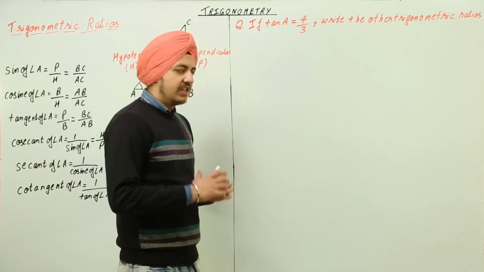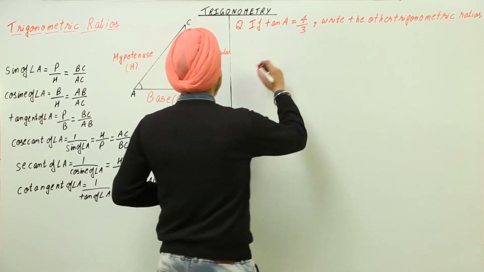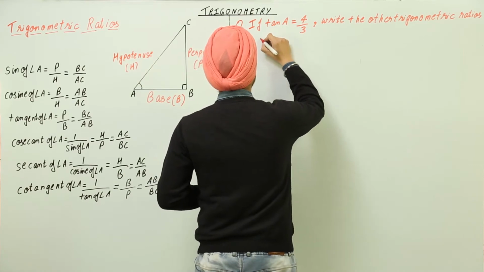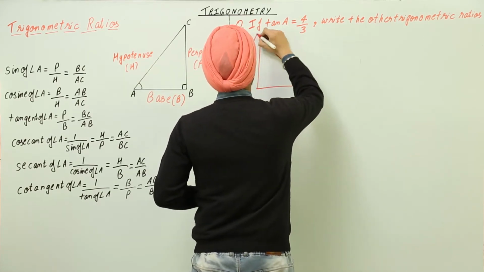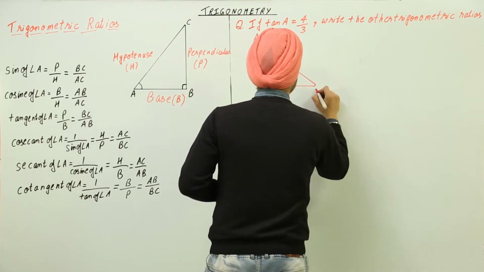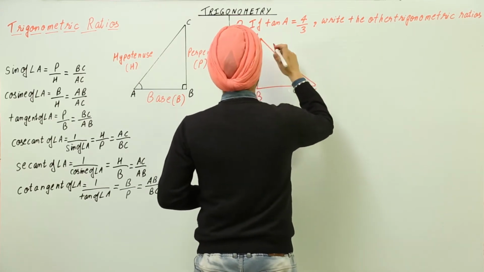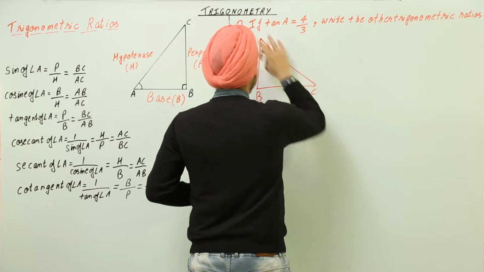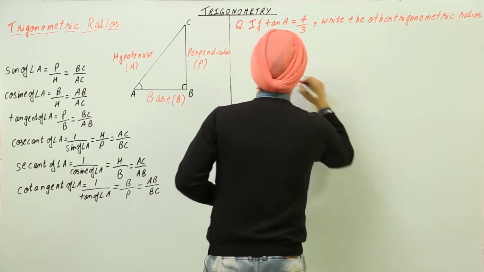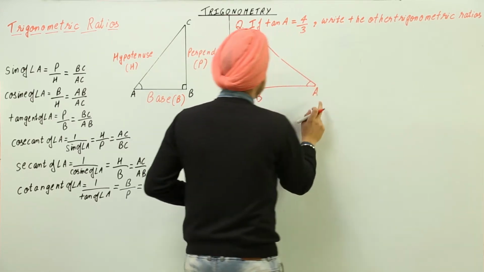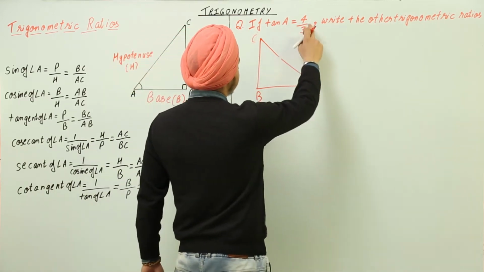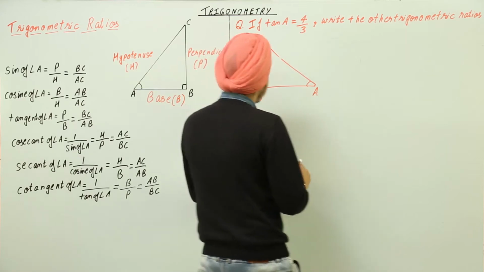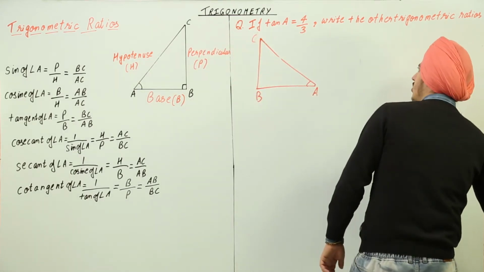Now let's say that we have a triangle ABC. So over here, if I take this angle as angle A, and tan is equal to 4 by 3.